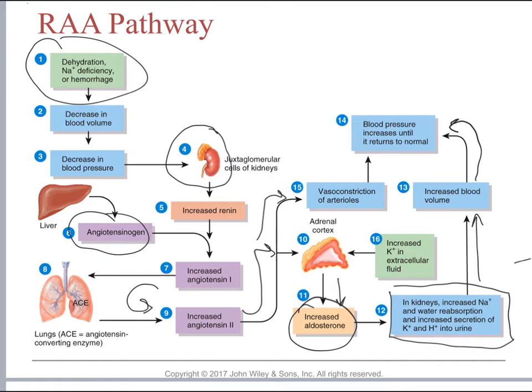Now, this increased potassium in the extracellular fluid will also be detected by the adrenal cortex, increasing aldosterone. Now, as far as that vasoconstriction of arterioles goes, blood pressure is going to increase until it returns to normal. So again, there's our goal, there's our aim, to increase blood pressure and blood volume until we get normal levels, at which point this system will be shut down.